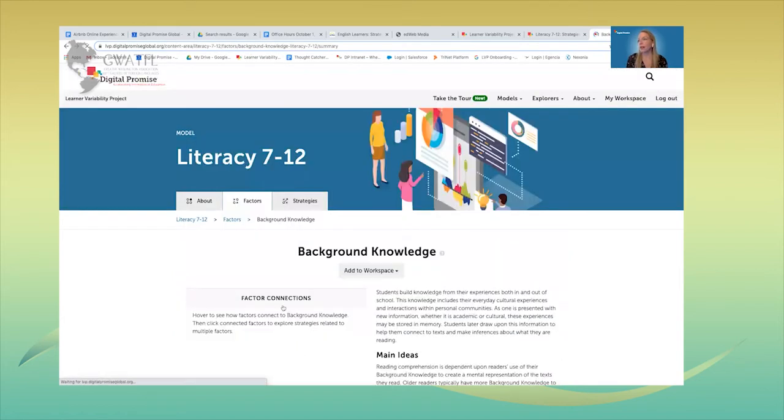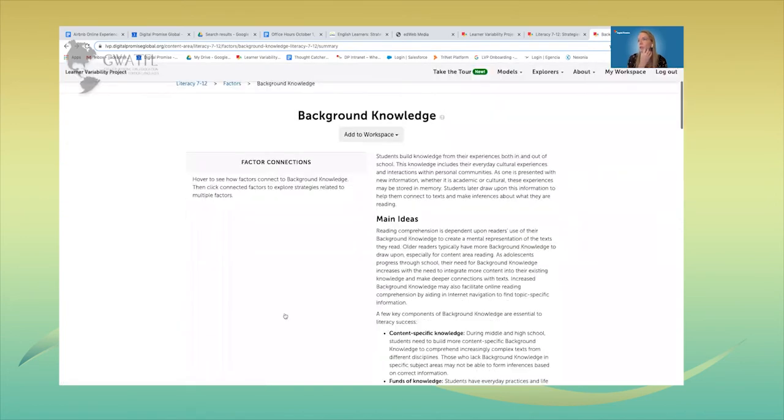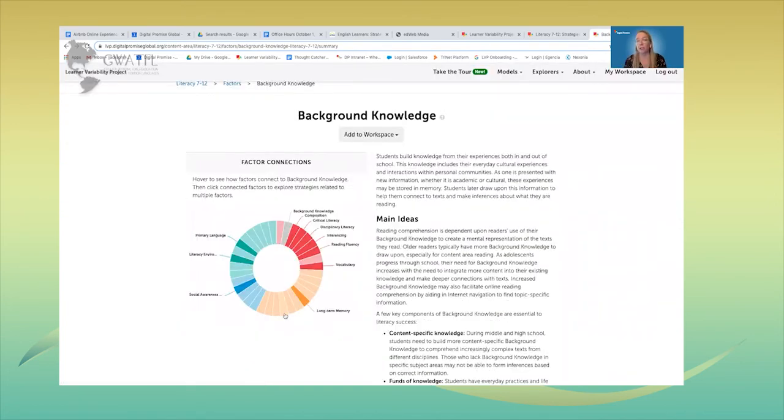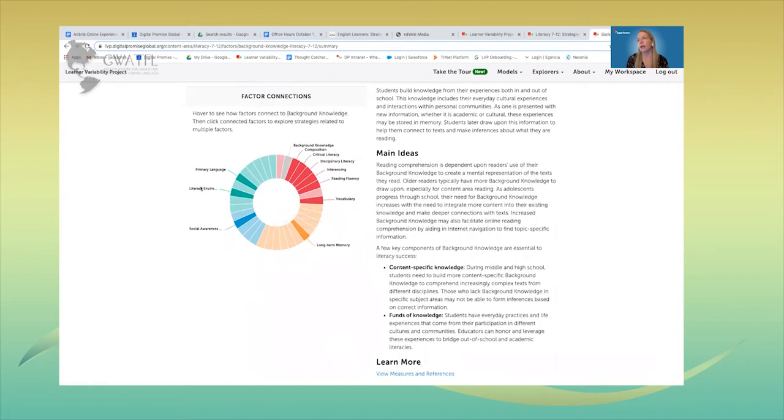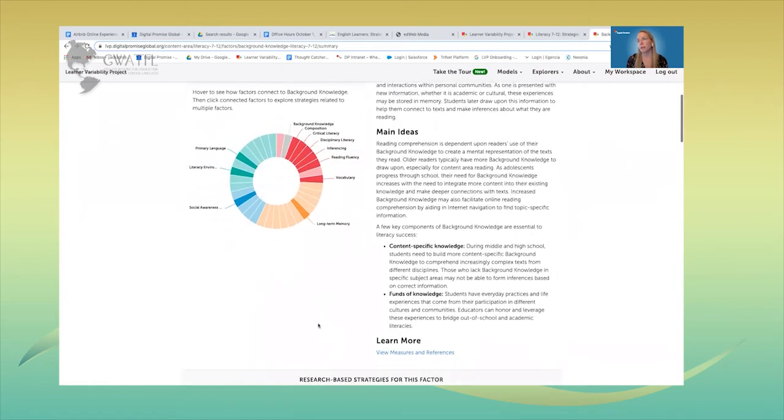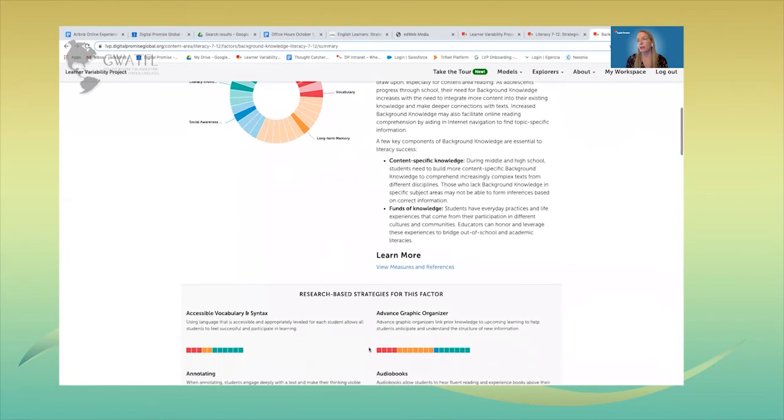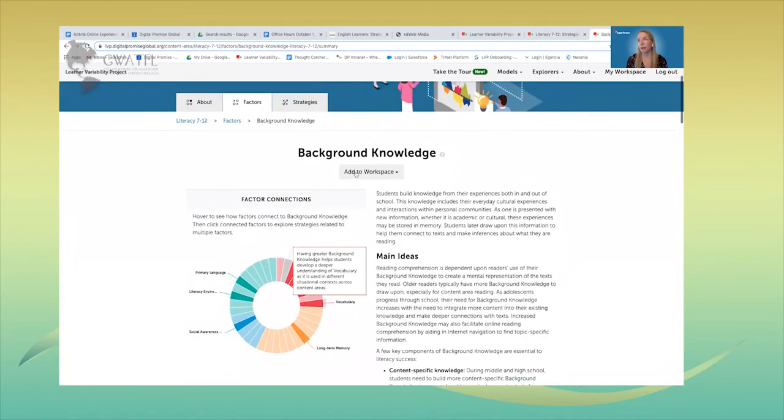And when we look at this factor, we know that students build knowledge from their experiences both in and out of school, and their interactions with other cultures and languages, and their understanding of that is going to help them build a schema for understanding languages and cultures and things like that they're going to experience in your world language class. So understanding how students' background knowledge is going to impact that is really important. And again, what strategies can support developing background knowledge.